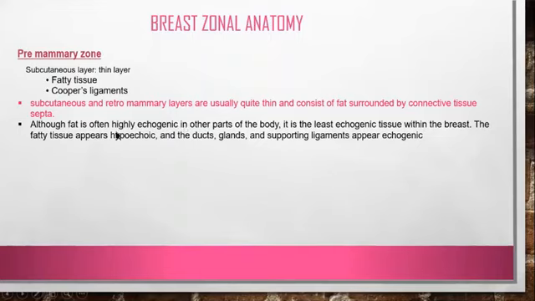Although the fat in the whole body is bright, echogenic, in the breast the fat appears low compared with the echogenic fibrous fibroglandular tissue.